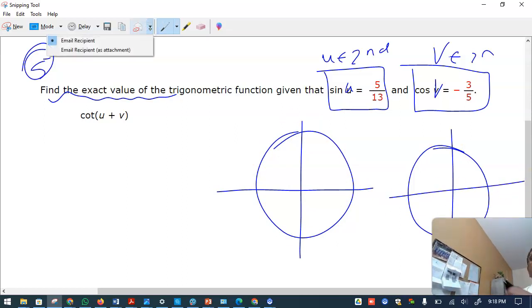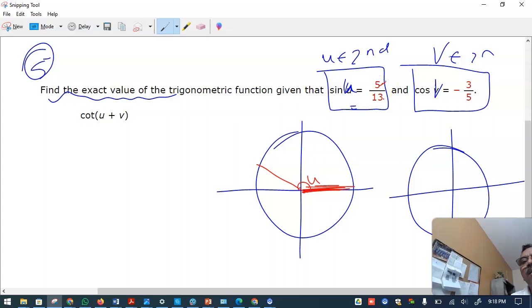Because sine u is 5 over 13, it means when you do the terminal side, it's in the second quadrant. So I'm making a u angle in such a way that it's opposite.